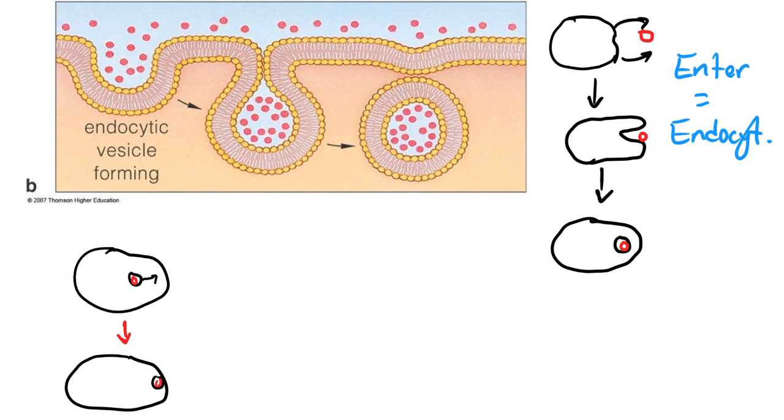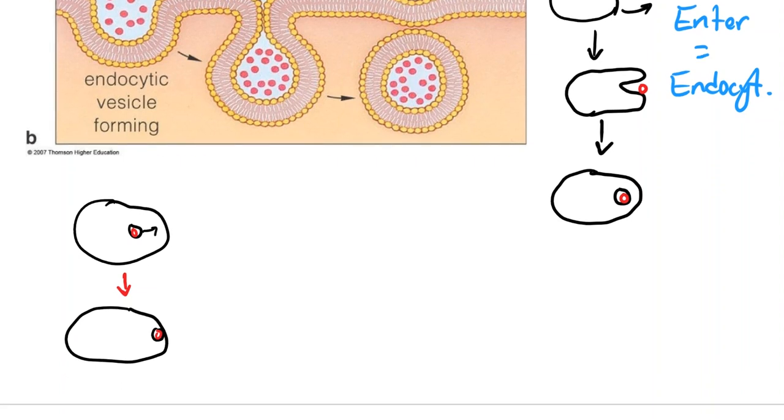This vesicle is going to start moving towards the edge, and then they will bind with each other, and this thing will be able to get released. So this is exocytosis. Again, it's just whatever the cell wants to either get rid of or release to its surroundings.